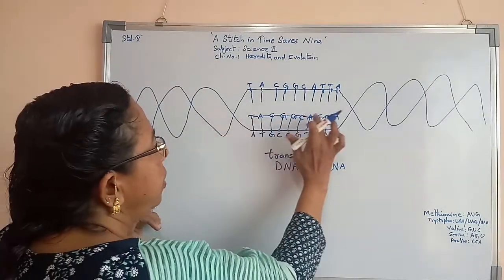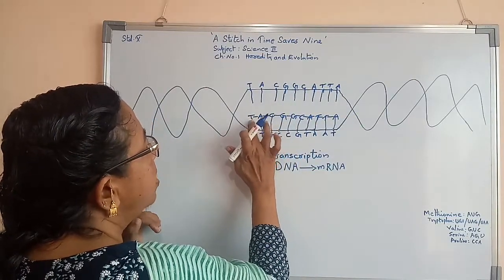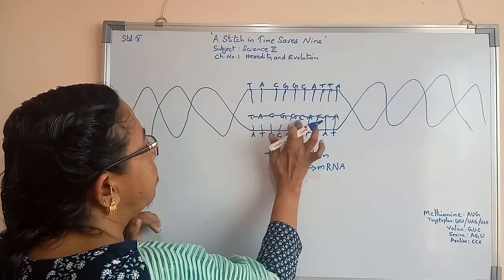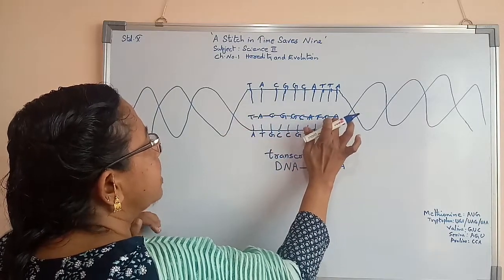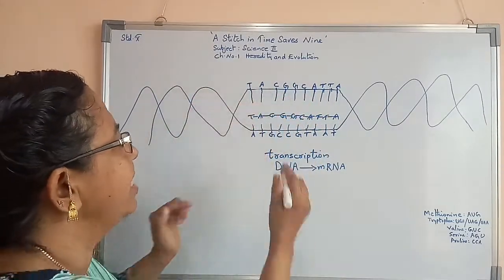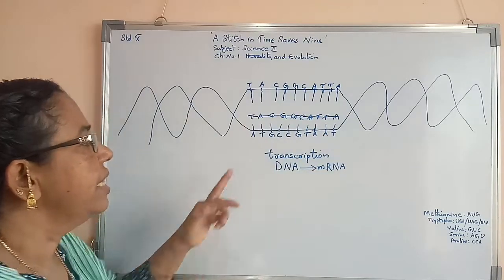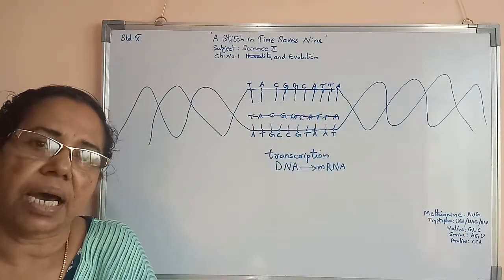So here new formation of the RNA took place. Then all these hydrogen bonds will disappear. You can find only messenger RNA here. This is now known as messenger RNA. One strand, a new strand formed. The newly formed strand we can say is messenger RNA.